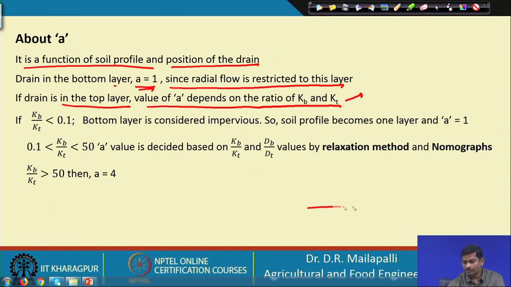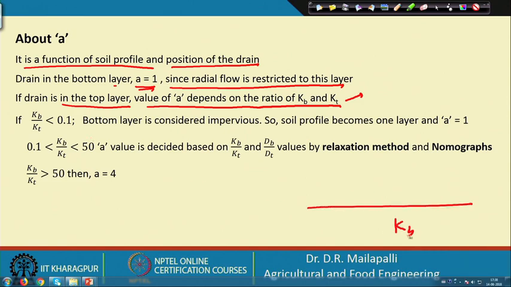Suppose you have the two layers Kb and Kt. If the drain is installed in the top layer, you can estimate the A value from Kt and Kb.